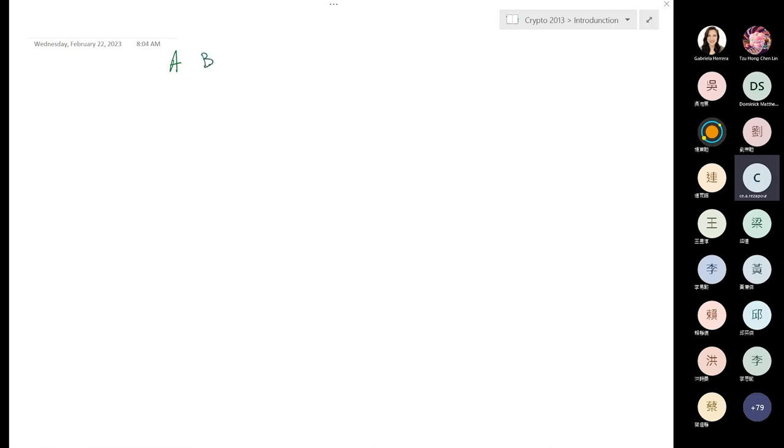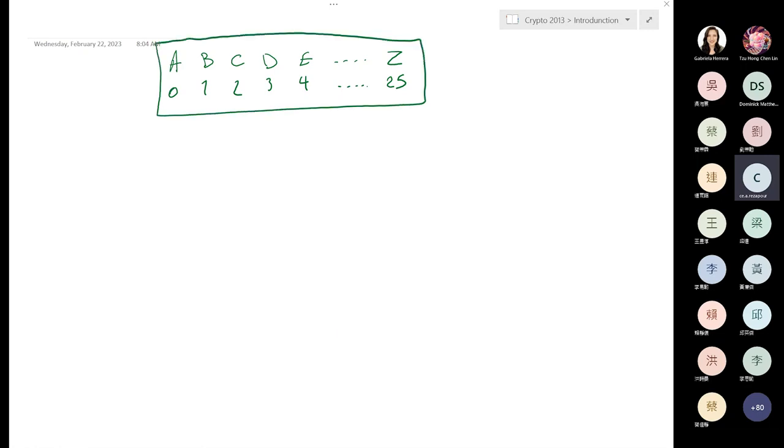Let's say I only work with the capital letters A, B, C, D, E, all the way to Z. Then, as we said, we map these characters into integers: 0, 1, 2, 3, 4, all the way to 25. So this is one of the keys in the construction: the first thing we want to do is map our letters into integers.